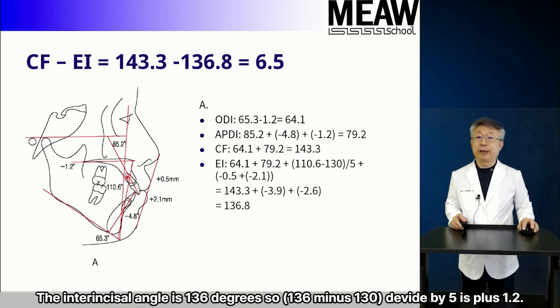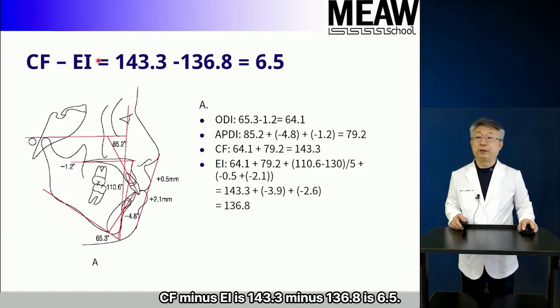The interincisal angle is 136 degrees, so 136 minus 130 divided by 5 is plus 1.2. CF minus EI is 143.3 minus 136.8 is 6.5.